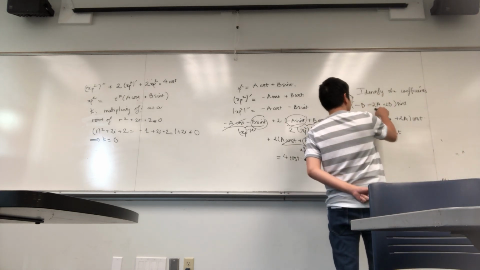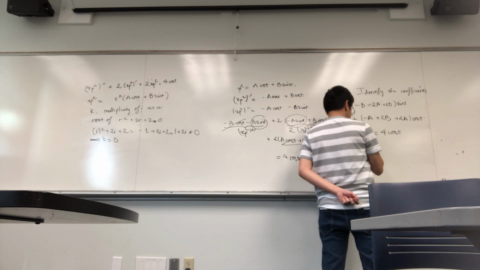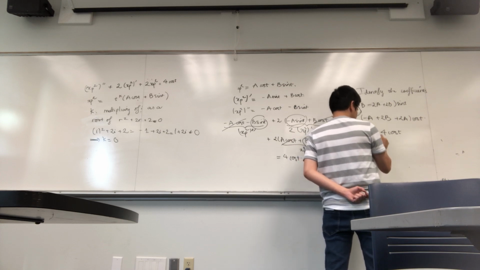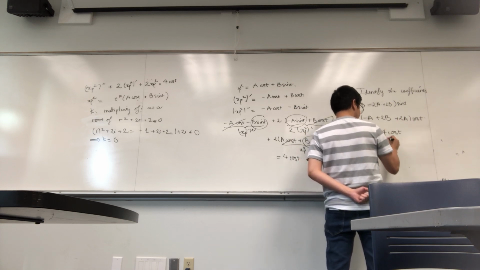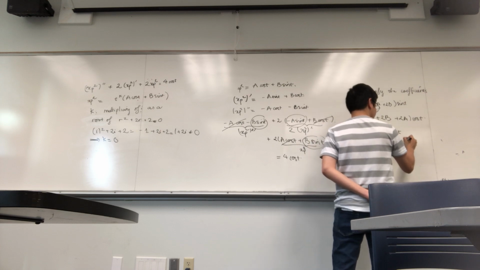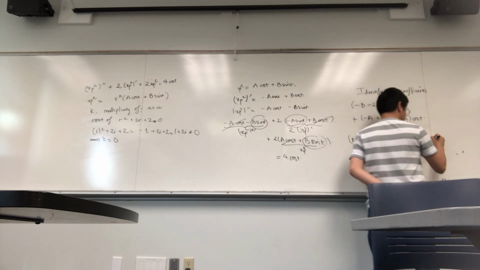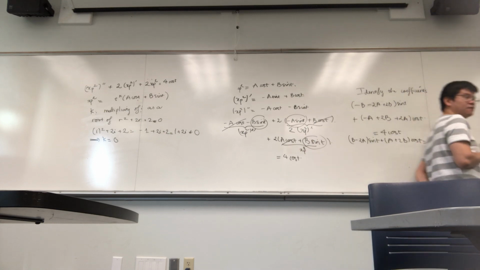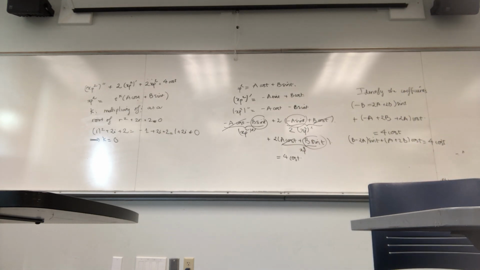So the first one gives me b minus 2a sinus t. The second one gives me a plus 2b cosinus t, and this is equal to 4 times cosinus t. Right?